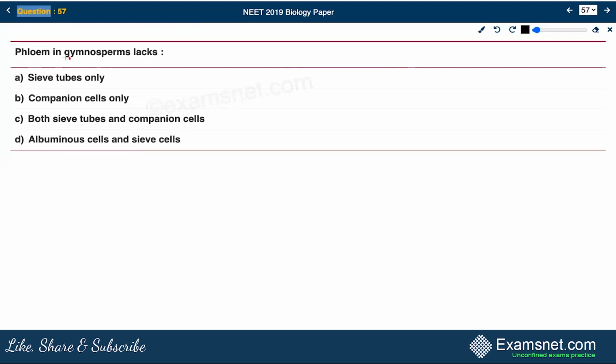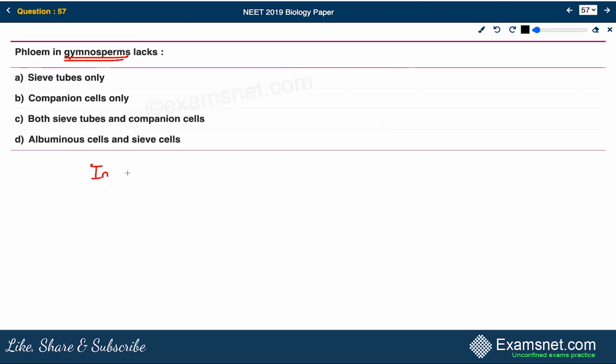But when we are talking here about gymnosperms, the phloem of the gymnosperms usually lacks two specialized cells, and those are sieve tubes and companion cells.